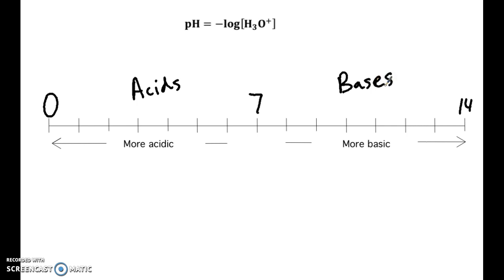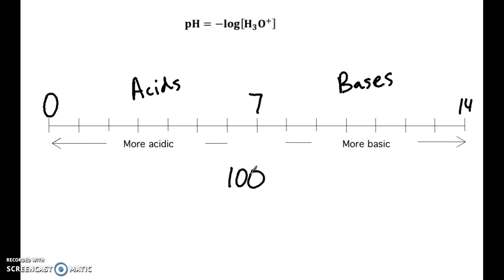Well, it turns out that pH is the negative log of the hydrogen ion concentration. Now, what does that mean? Well, first of all, the negative log means, for example, let's say that you had 100 ions of hydrogen in a certain amount of liquid.